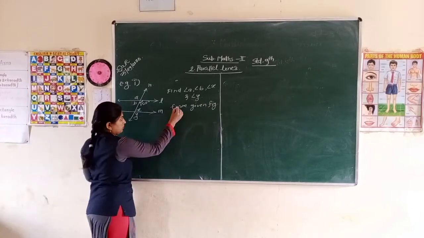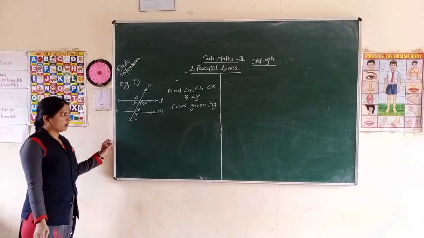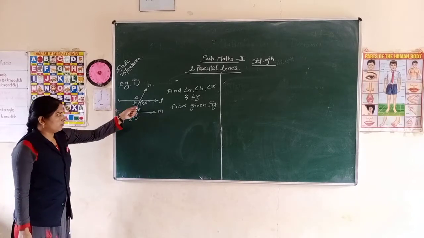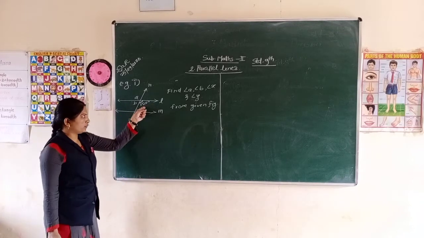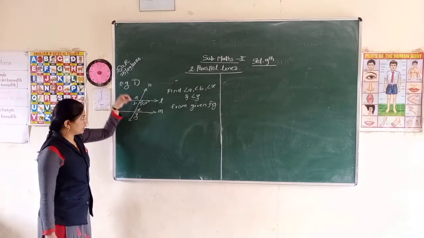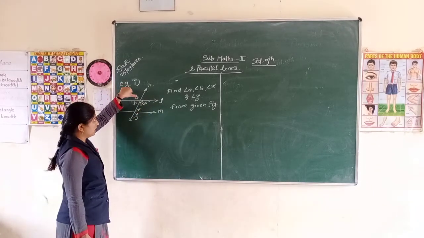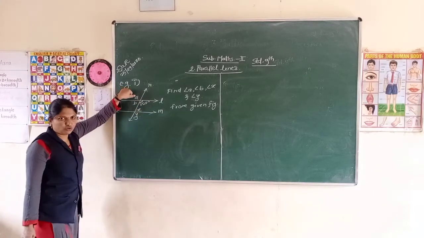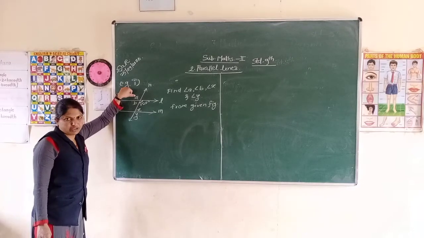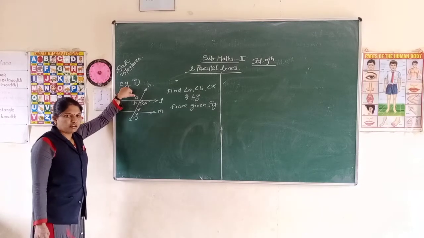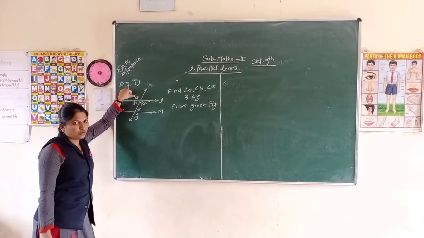Then see, this is 120. 120 is given, and A is the opposite angle of 120, and opposite angles have equal measures.